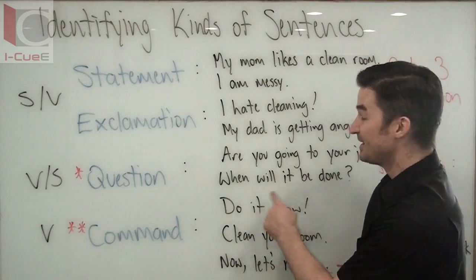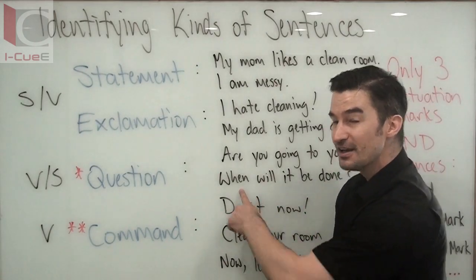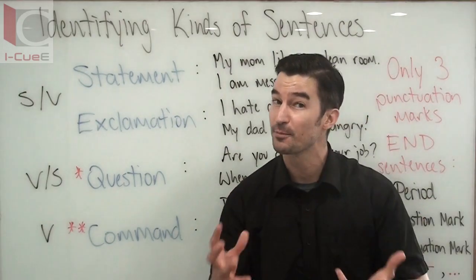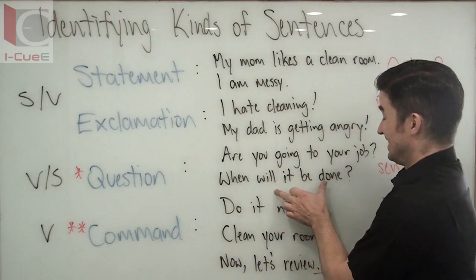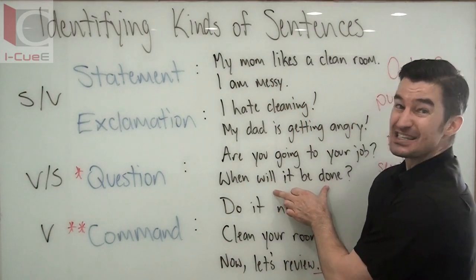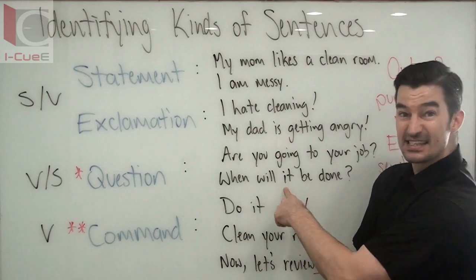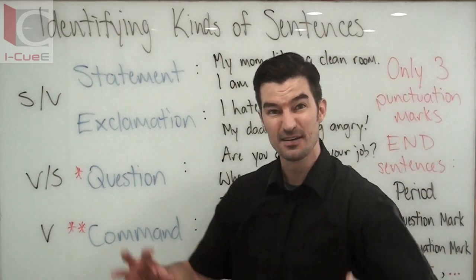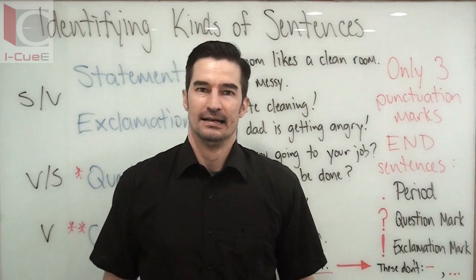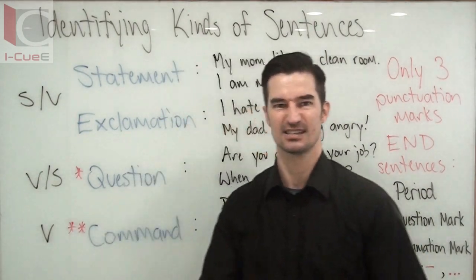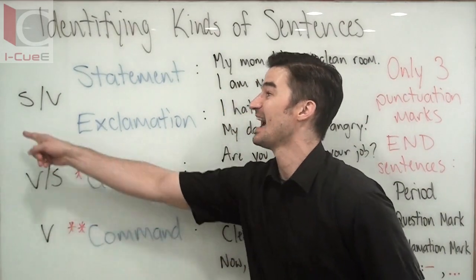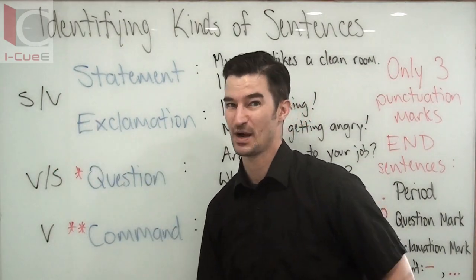When will it be done? When is a question word, but will is the first part of the verb construction. And sometimes with questions it gets tricky because it, the subject, is in the middle of the verb phrase. More on questions, I guess, in another video, but just understand that the grammar changes in questions.